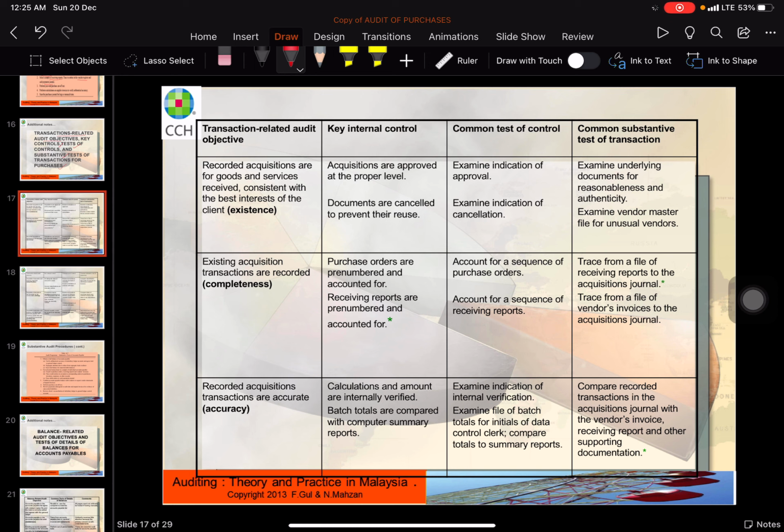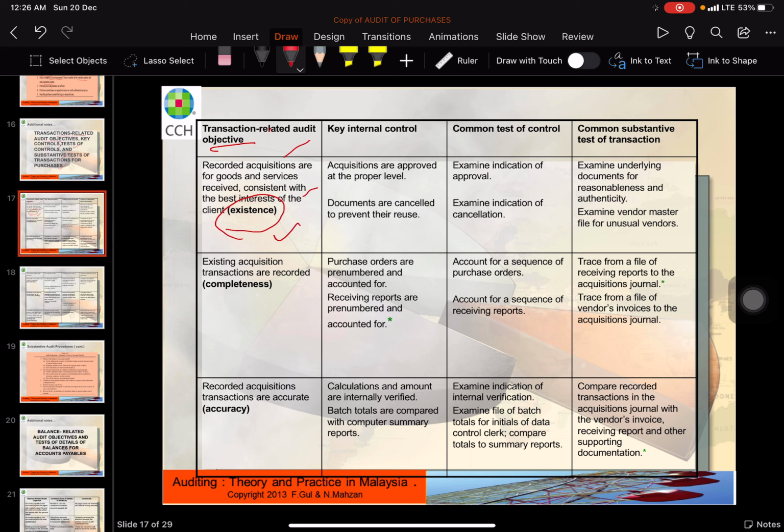The objective of the transaction, number one, is existence. It means that recorded acquisitions are for goods and services received, consistent with the best interest of the client. So they really exist for the transaction.